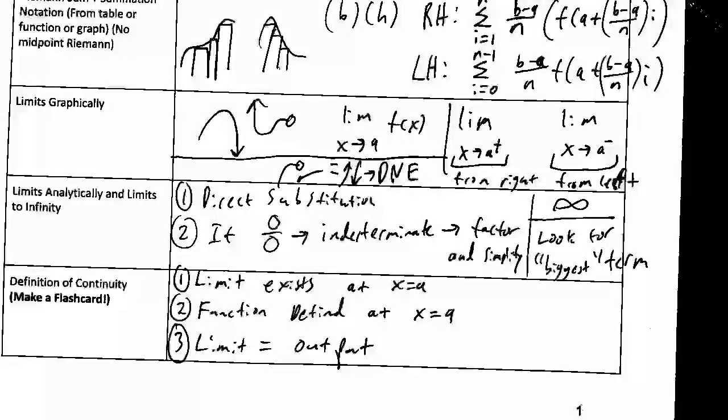Okay. Turn the page over. Intermediate value theorem. So again, this is another good one for a flashcard. The idea with the intermediate value theorem is that if a function is continuous and you know that it starts here and ends here, then it has to hit all the y values between these 2 y values.